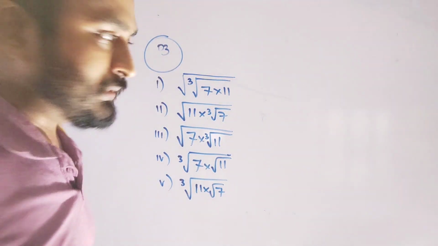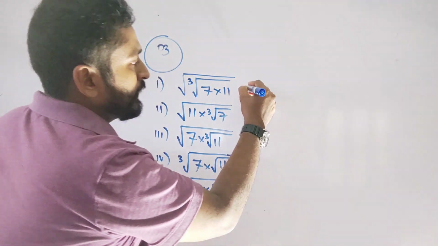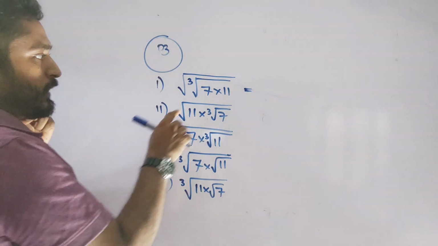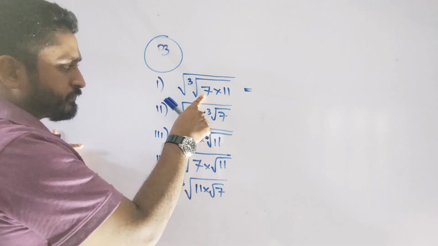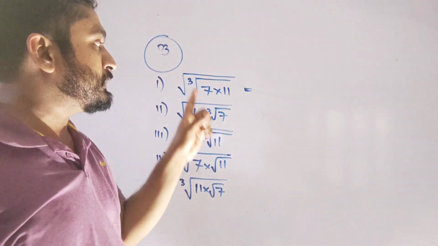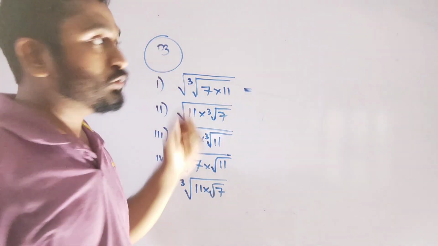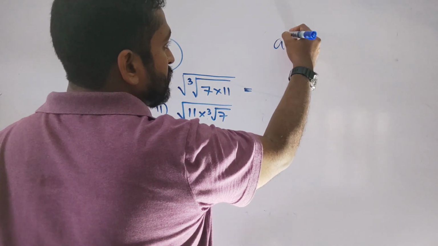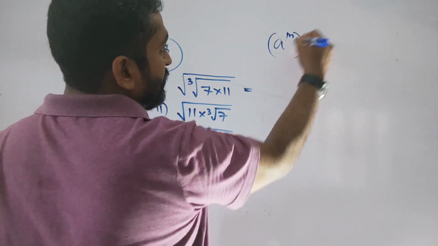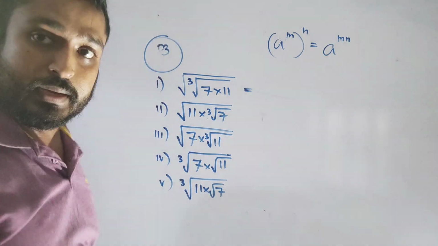So this is the thing we are going to do. 7 into 11, we will separate these, to the power 7 and to the power 11. When we consider the power of 7 first, it has been considered with the cubic root, then the square root. So you know the power of a power: a to the power m to the power n is a to the power mn.